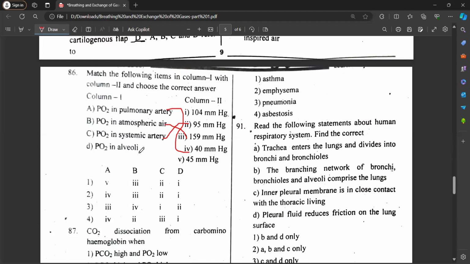Partial pressure of oxygen in the alveoli, 104. Okay, therefore 4, 3, 2, 1. Second option.